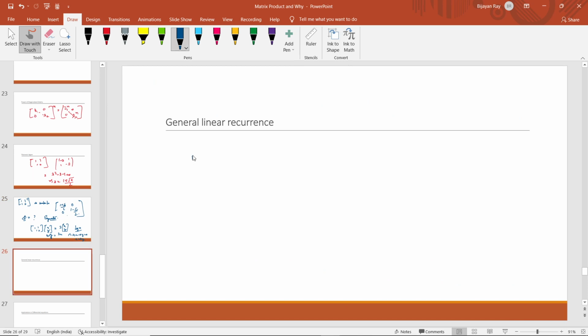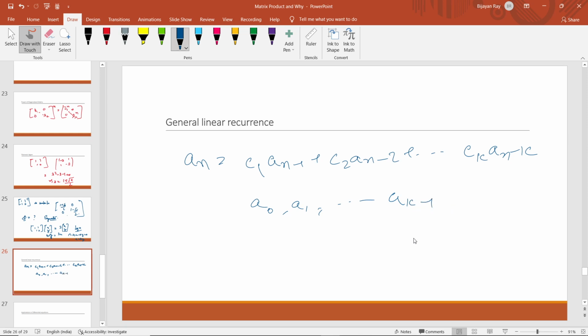So in that case, a n is written as, let me write, c1 a n minus 1 plus c2 a n minus 2 plus dot dot dot ck a n minus k, right? These are the coefficients, and given a0, a1, dot dot dot, a k minus 1, these k elements are given.